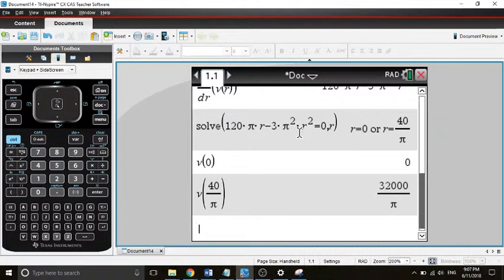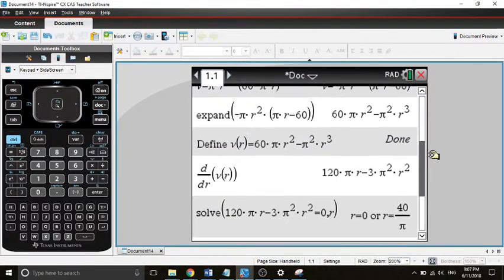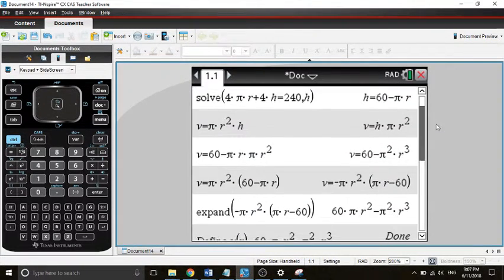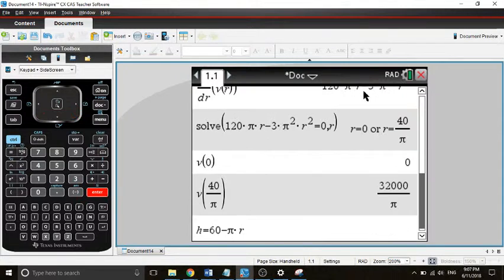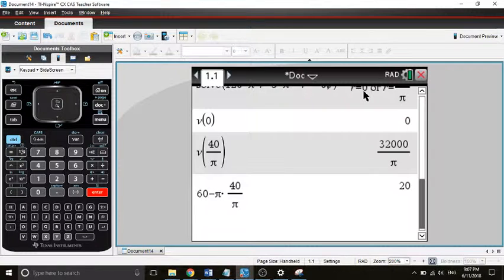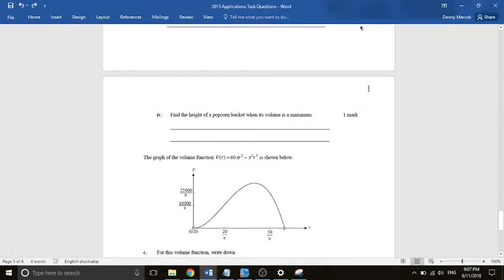So we take our expression for height, 60, and instead of r, I'm going to write 40 on pi. I'm going to get rid of all this stuff here and say the height is going to be 20.